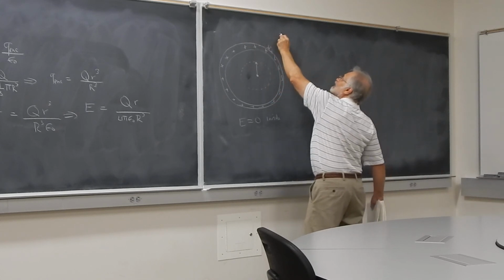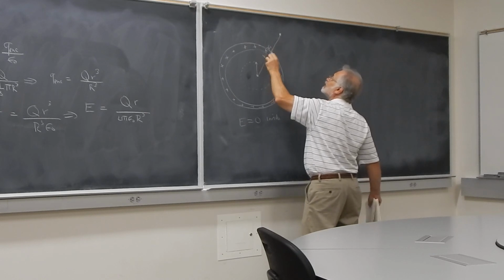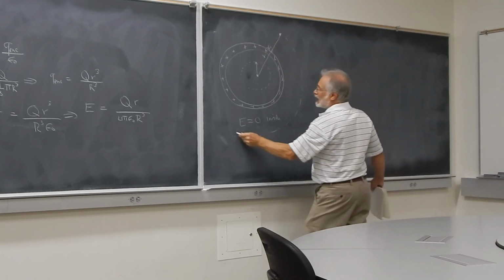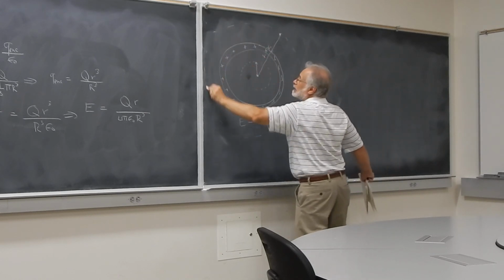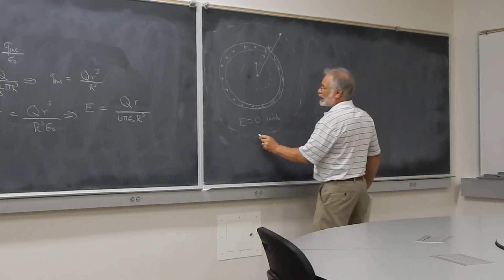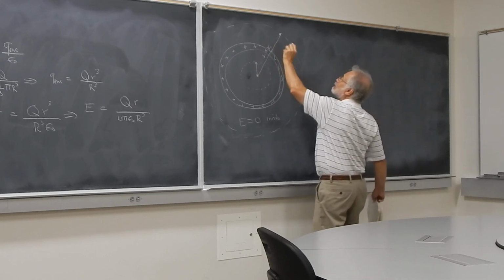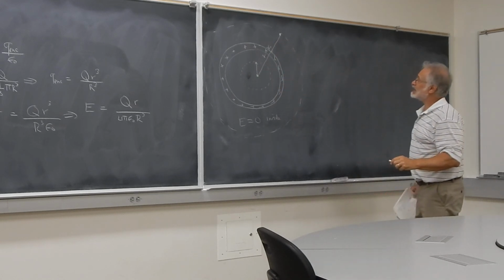On the other hand, suppose the total charge of the shell again is plus Q. If I want to find the electric field outside the shell, maybe some distance r from the center, once again I draw a Gaussian sphere. Once again, the electric field is going to be constant everywhere on the sphere. The area vector is parallel to the electric field at that point.